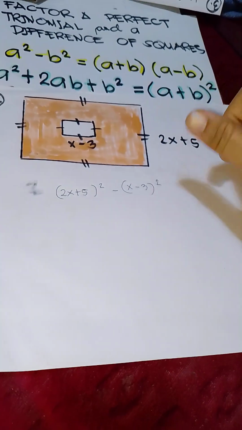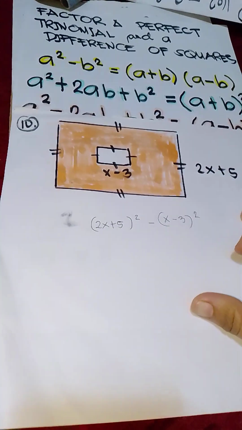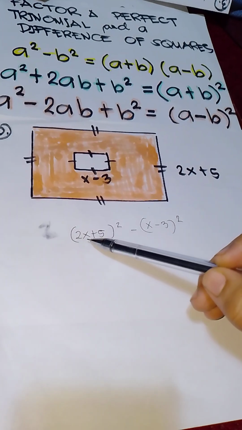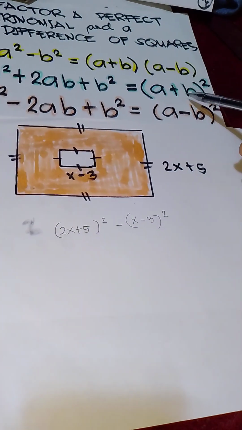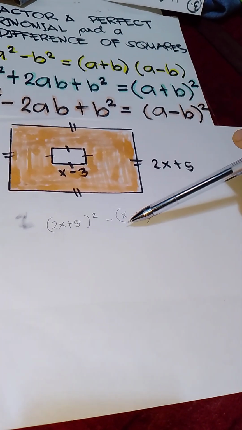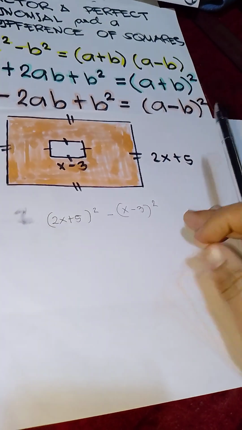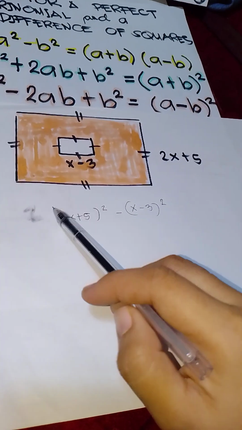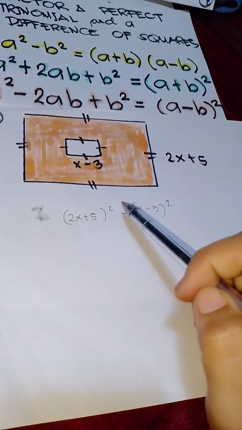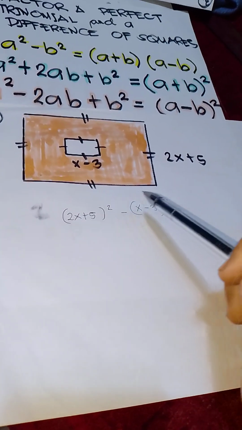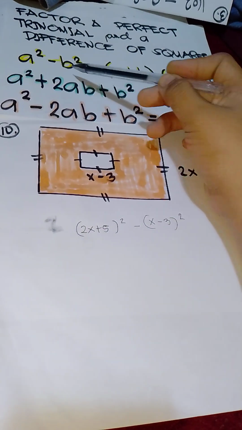So as you observe, we have 2x plus 5 following this format, and we also have x minus 3 following this format. But overall, this is considered as one term, and this term following this format, the difference of squares.